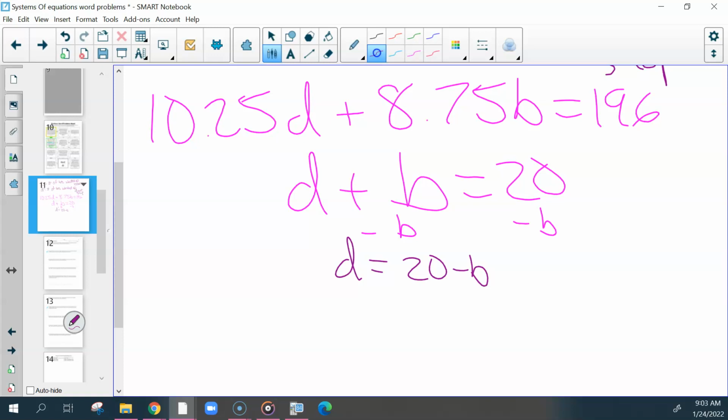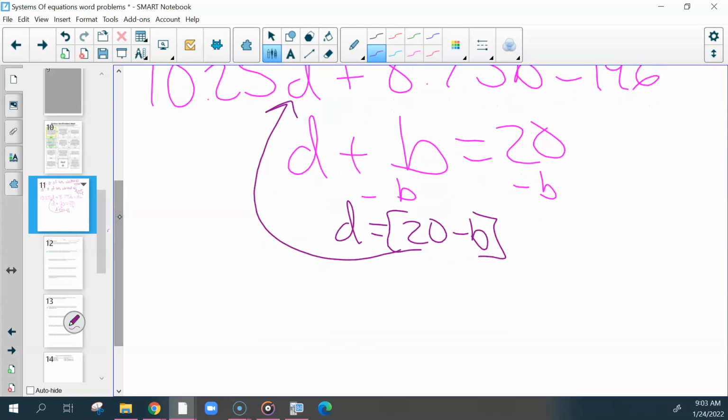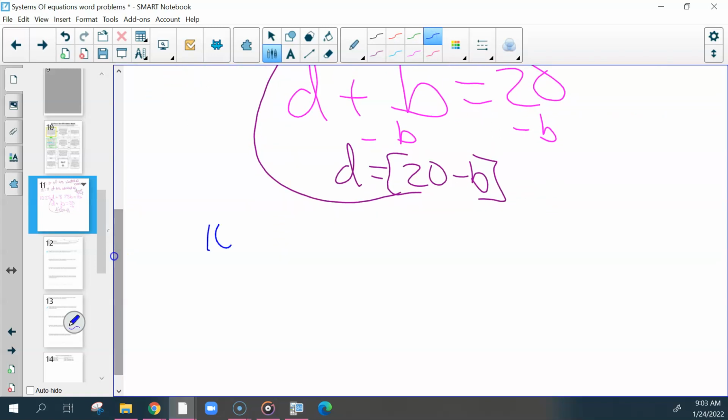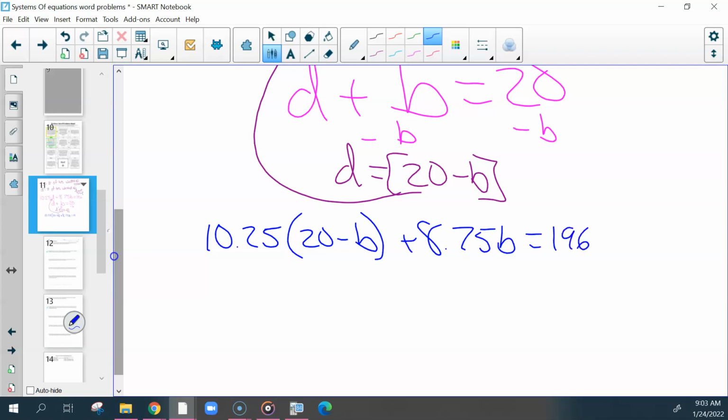Since we are substituting, we're going to take this expression 20 minus B, and we're going to put this into where D is. So that is going to be 10.25 times 20 minus B plus 8.75B equals 196.